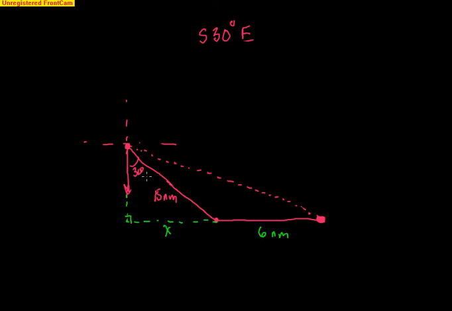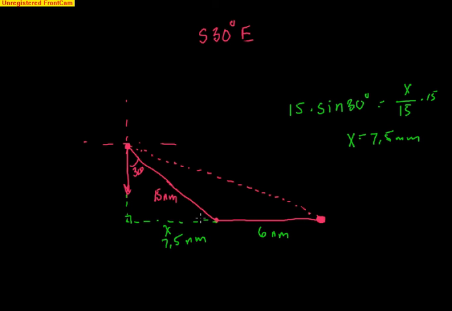So that is going to have to be using sine, so sine of 30 degrees equals the opposite x divided by the hypotenuse 15. Multiplying by 15, 15 times sine of 30 degrees is exactly 7.5. So x is exactly 7.5 nautical miles. So this distance down here is 7.5 nautical miles.